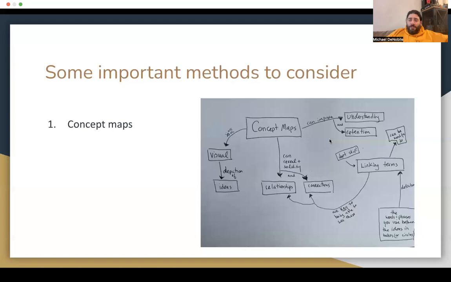Now, in terms of using this as a form of assessment, you can use it as a form of note taking, but also you could plug it in terms of creating an incomplete concept map and asking students to fill in the missing parts so that they can show how do these ideas relate to each other.